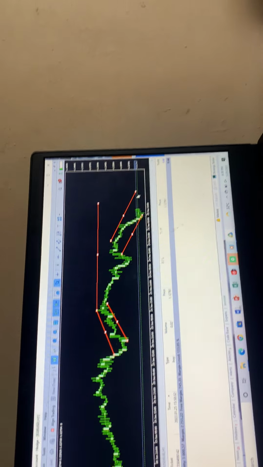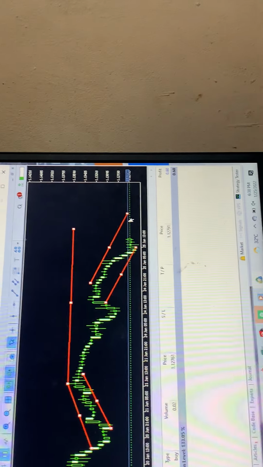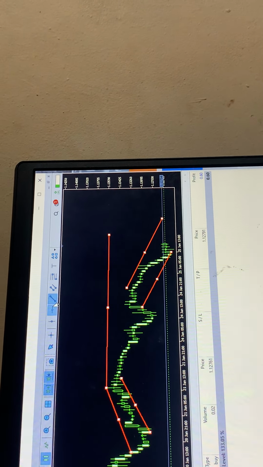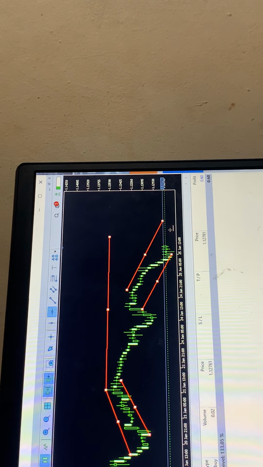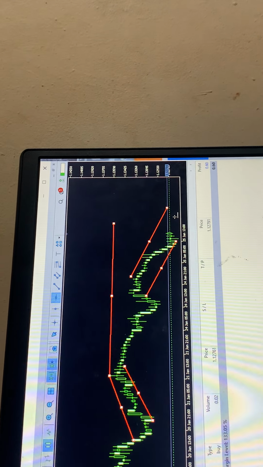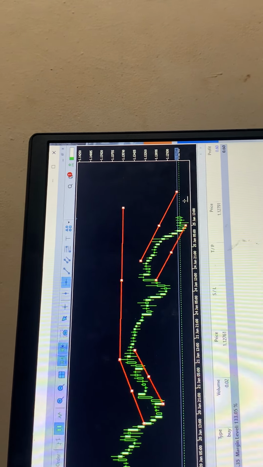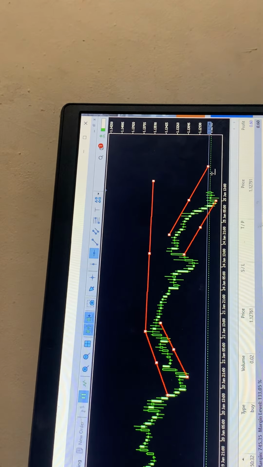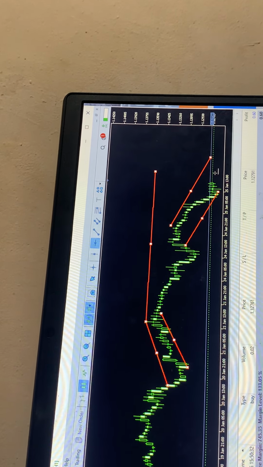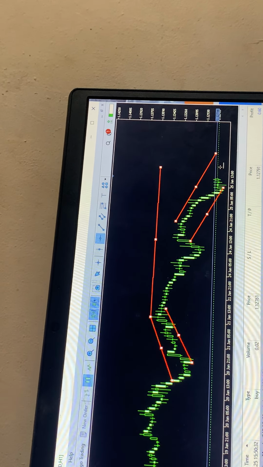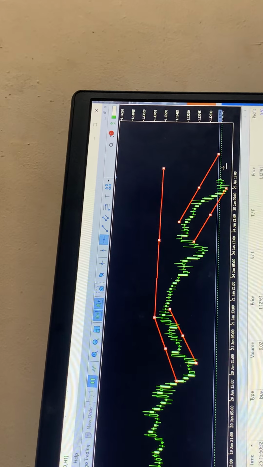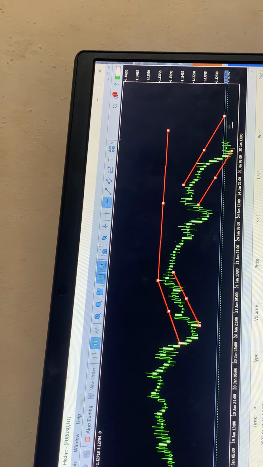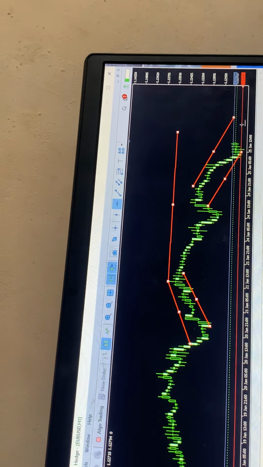Okay, but what I mean by stop loss is that you are placing your stop loss at a point where you say, okay, once the market goes a certain number of pips from my entry point down against it, if the market reaches that level and it's giving me an indication that it is going to form a different structure against me, that's the level where you put your stop loss.